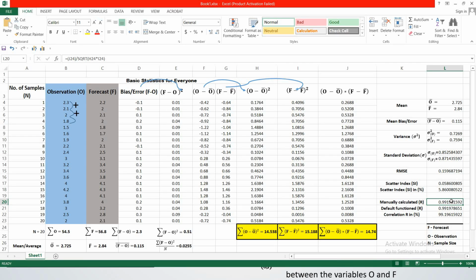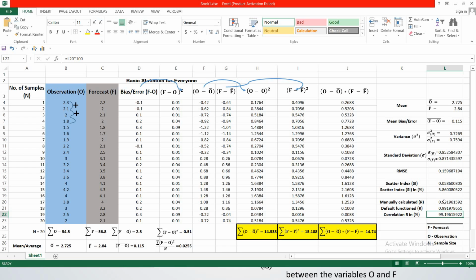That is very near to a positive correlation, since it's near to 1. But if I want the correlation in terms of percentage, just like we did for the scatter index, we simply multiply the correlation by 100. That is what I did. L20 is the cell where we have stored the correlation value.